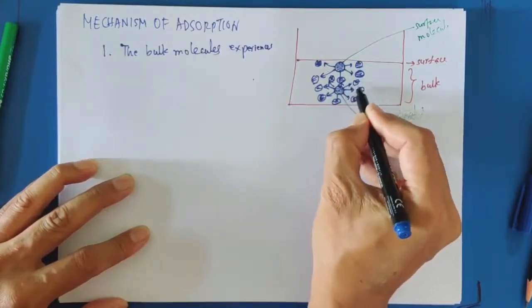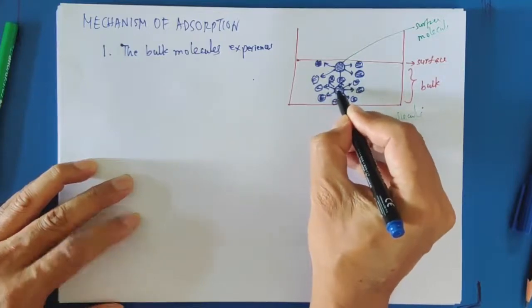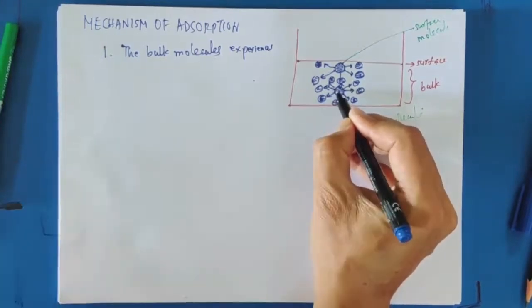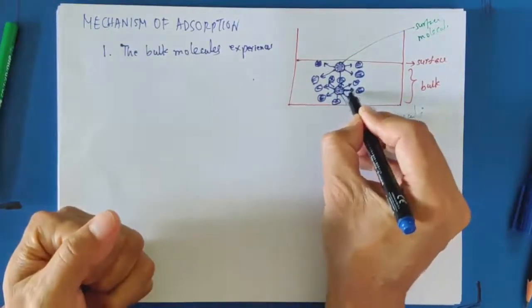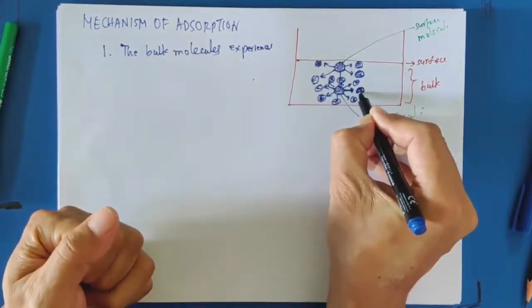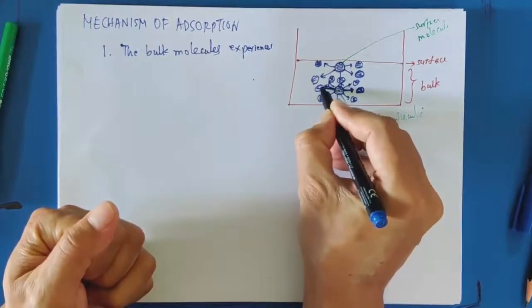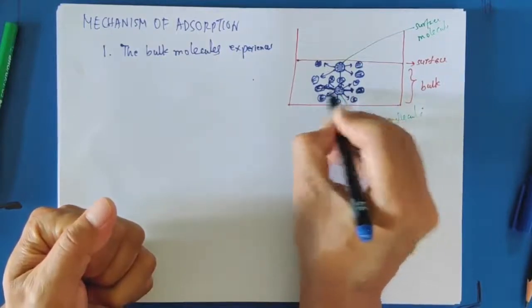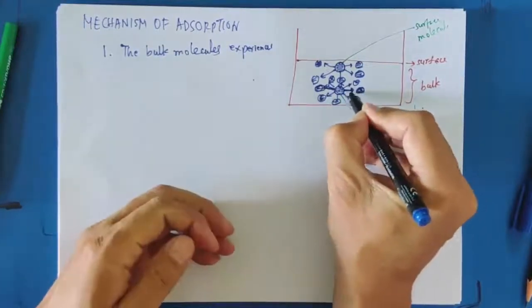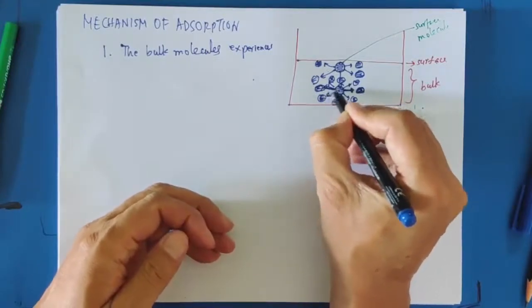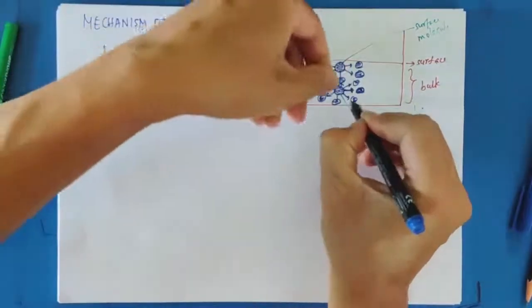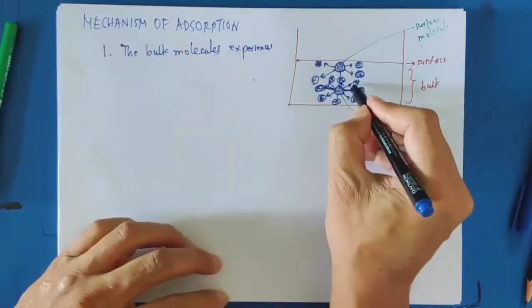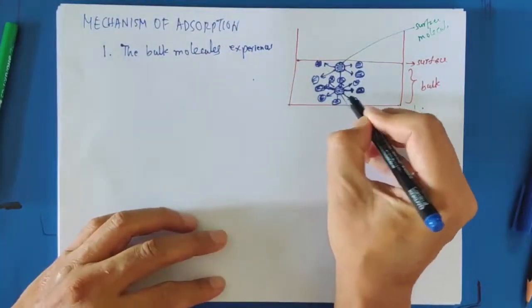Here the force is pulled from one side and with the same force from the other side, equal but opposite. That is why it is very stable.